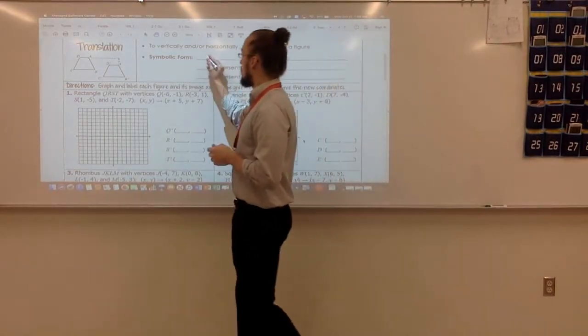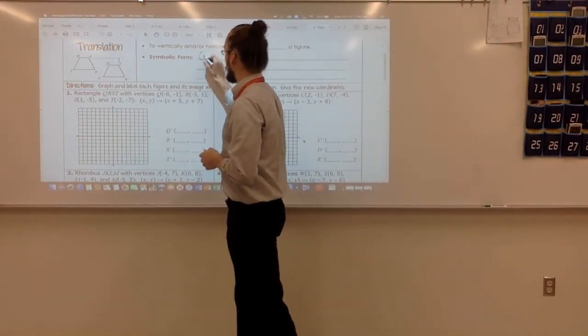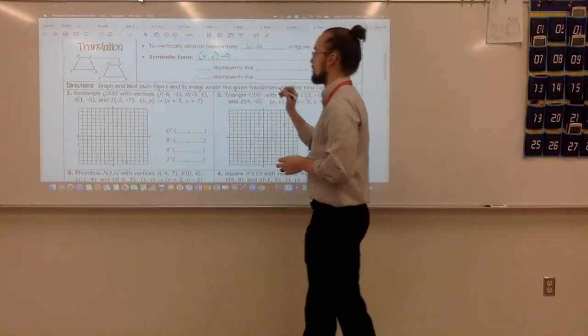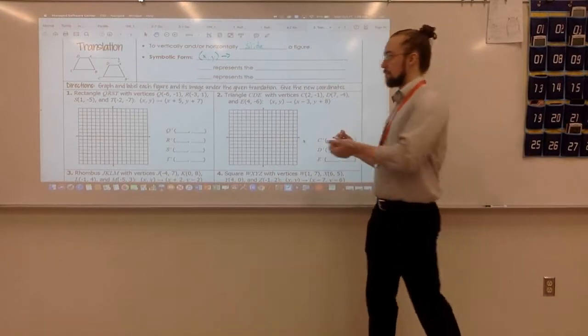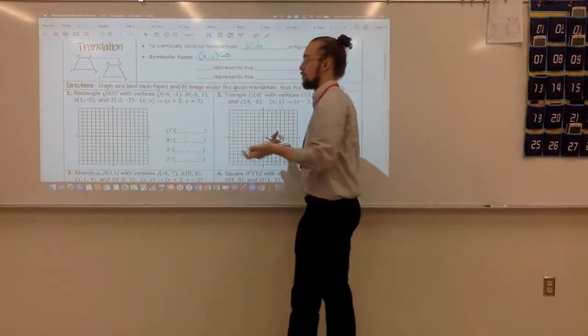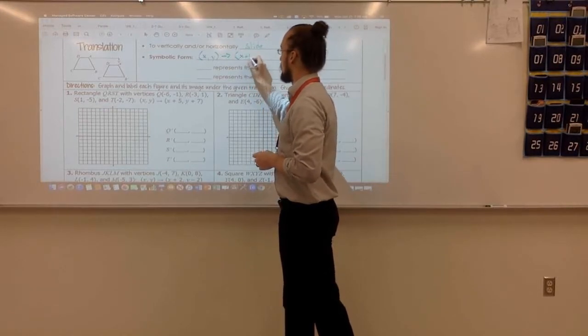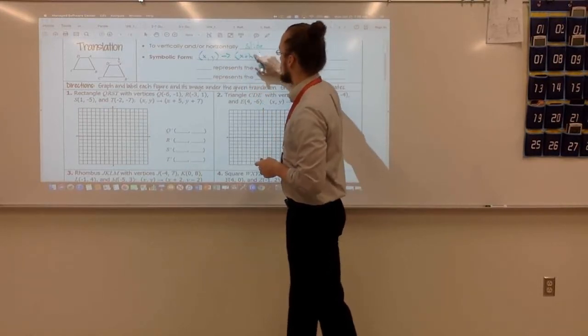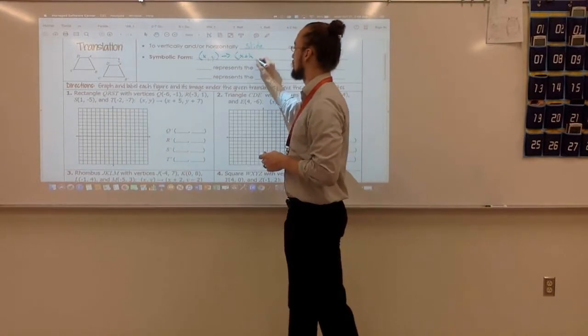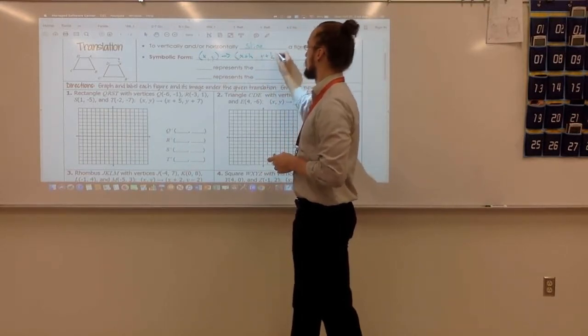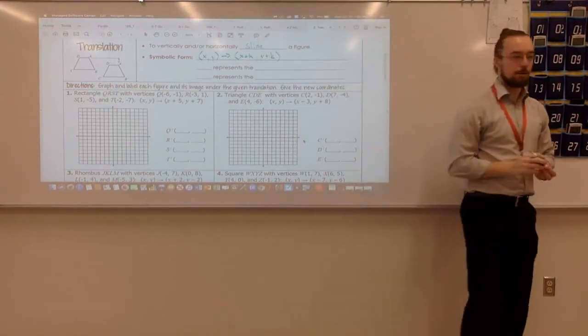So symbolically, we started looking at these types of symbolic notations in the last section, but we're just going to say our original coordinate point, which is called (x, y), is going to go to (x plus some number, call that number h, and y plus some number, call that number k).